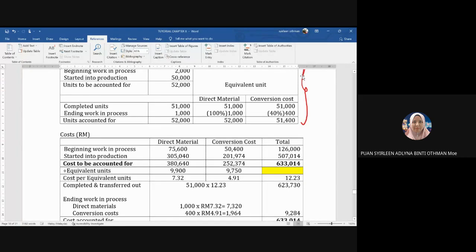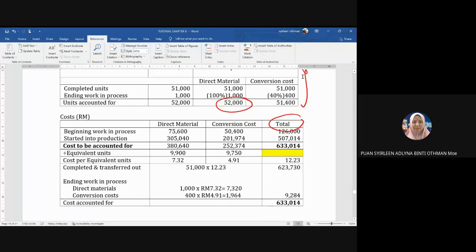Then your equivalent unit, for the processing department. And the lower part is to calculate the EU, and this is to calculate the completed unit cost and also the WIP cost.